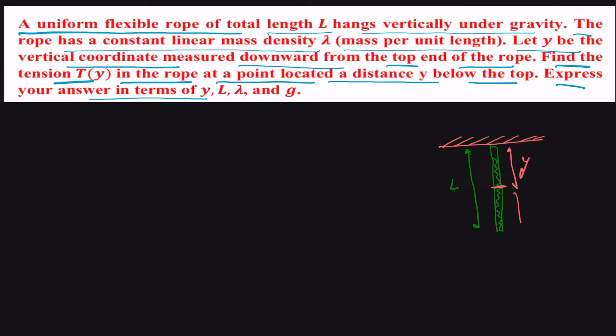So it means the bottom length left will be L minus y, and at this particular point the tension is given as T of y, which we are supposed to find out. And so here we have to remember that the tension at the height y must support the weight of the rope below that point. Okay, it means all the weight below this point will be supported by this tension.